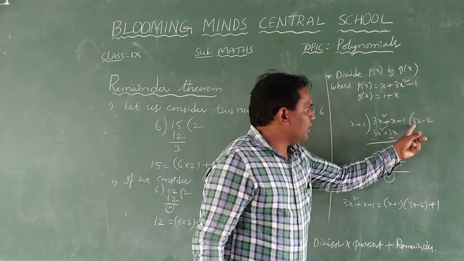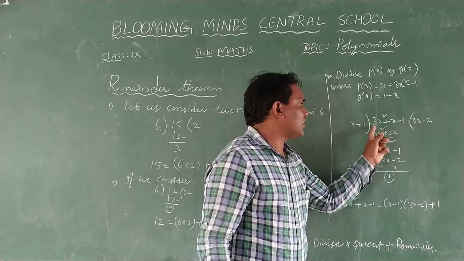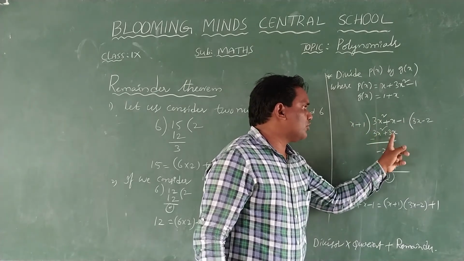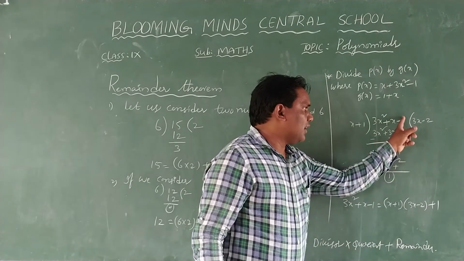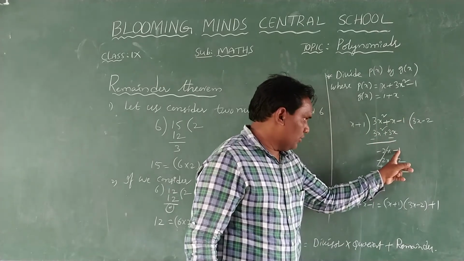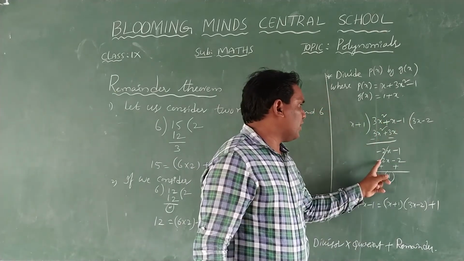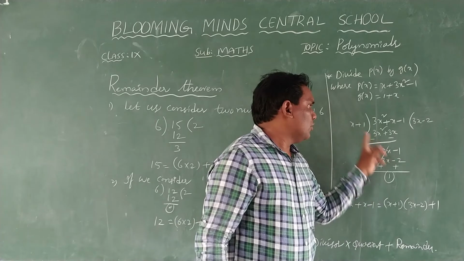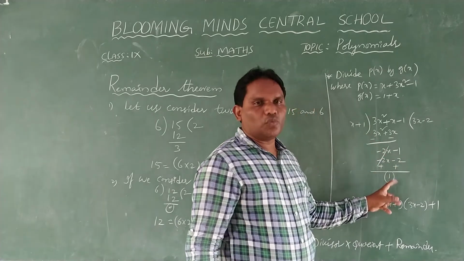Then 3x times x is 3x square, 3x times 1 is 3x. While subtracting, we got minus 2x, and again we have taken minus 1. So minus 2 times x is minus 2x, minus 2 times 1 is minus 2. Then the remainder we got is 1.